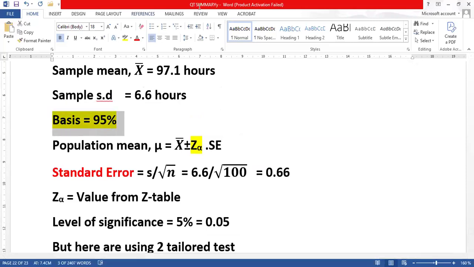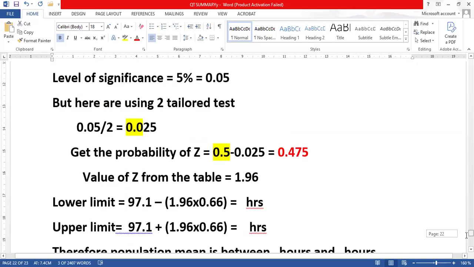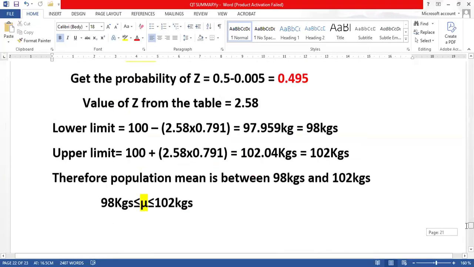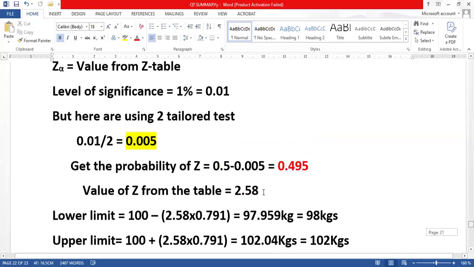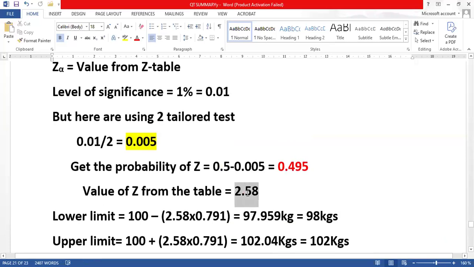You'll be knowing it is 1.96. You save that time. If the examiner has given you 99%, you'll be knowing the value from the table is 2.58.